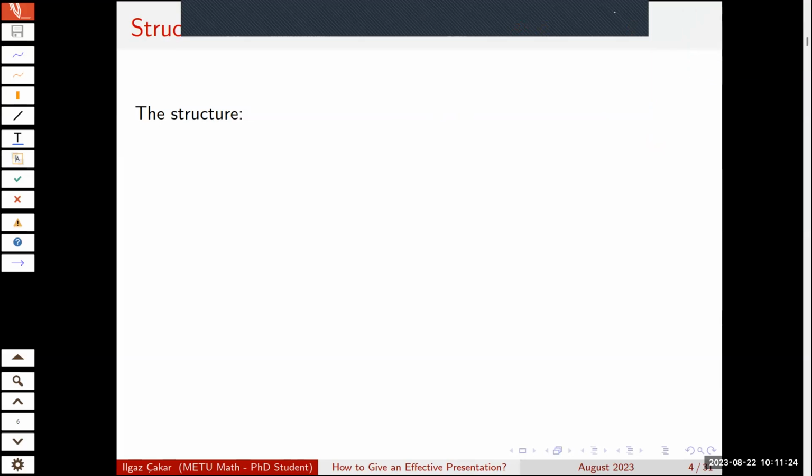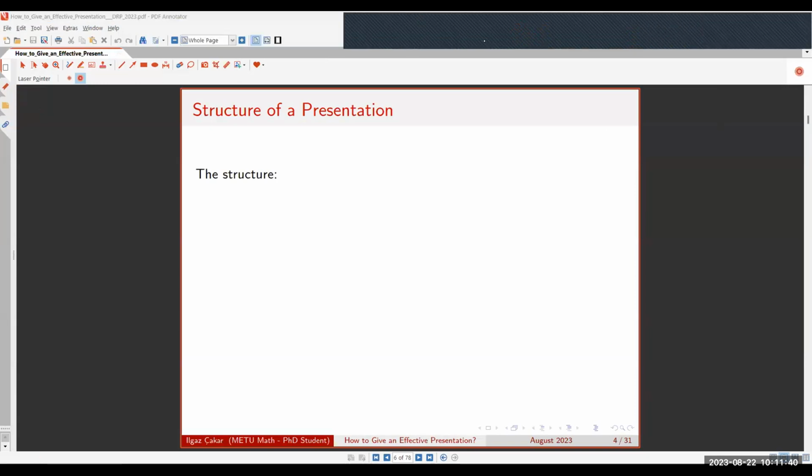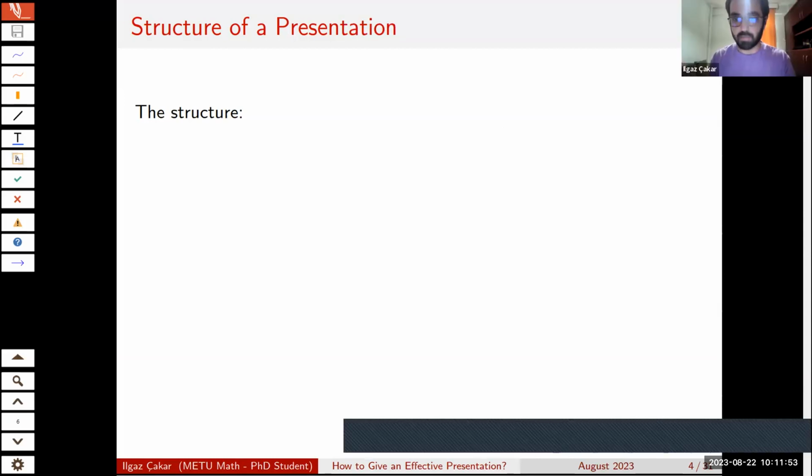Can you maybe make it smaller or move it somewhere else? We just can't see the title of the presentation. Is it better like this? We are seeing part of the title. How is this if I move it to the bottom? Better, if you don't have anything at that part of the screen. Okay, if anything appears, then I will just move the window there.